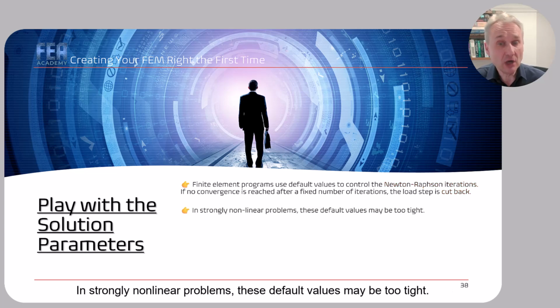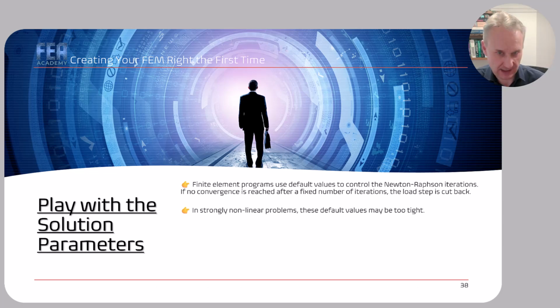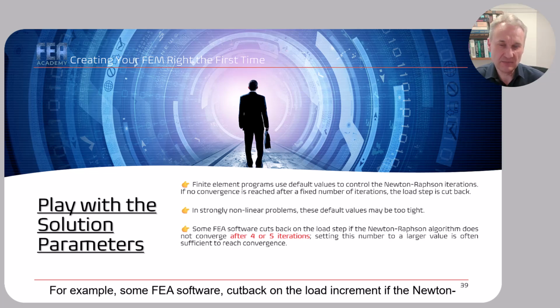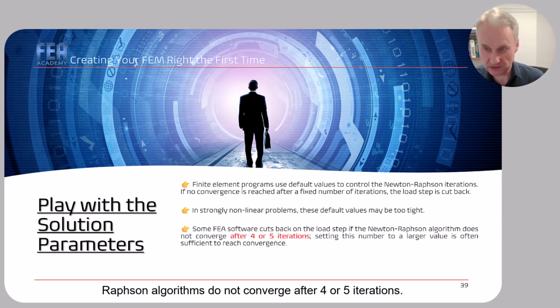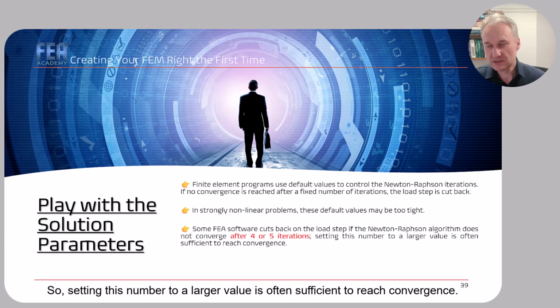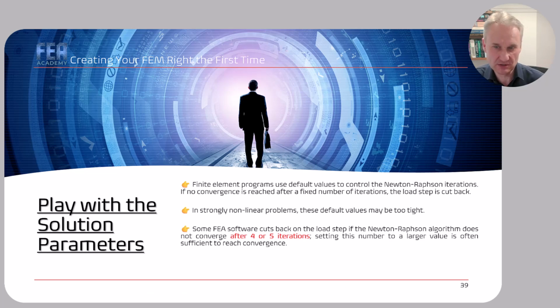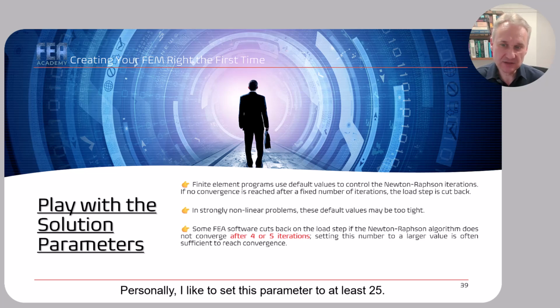In strongly nonlinear problems, these default values may be too tight. For example, some FEA software cut back on the load increment if the Newton-Raphson algorithm does not converge after 4 or 5 iterations. So, setting this number to a larger value is often sufficient to reach convergence. Personally, I like to set this parameter to at least 25.